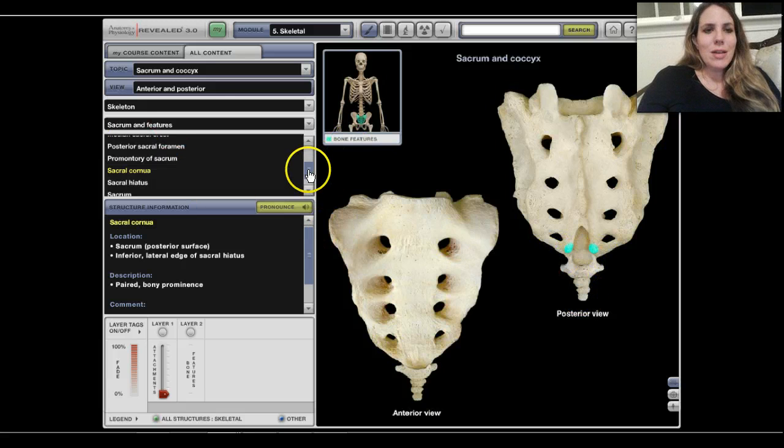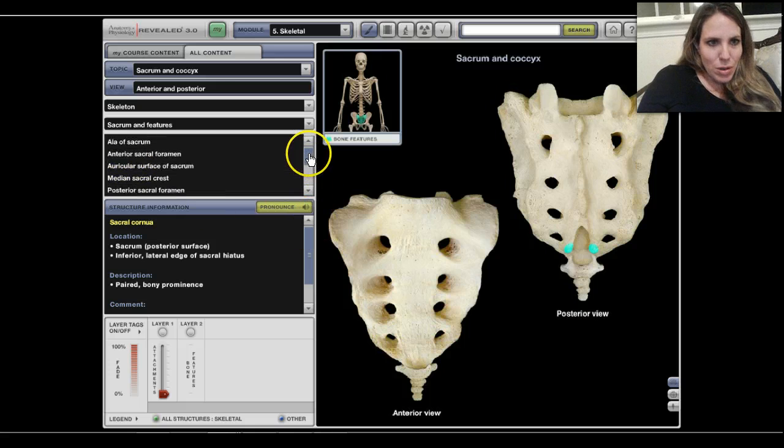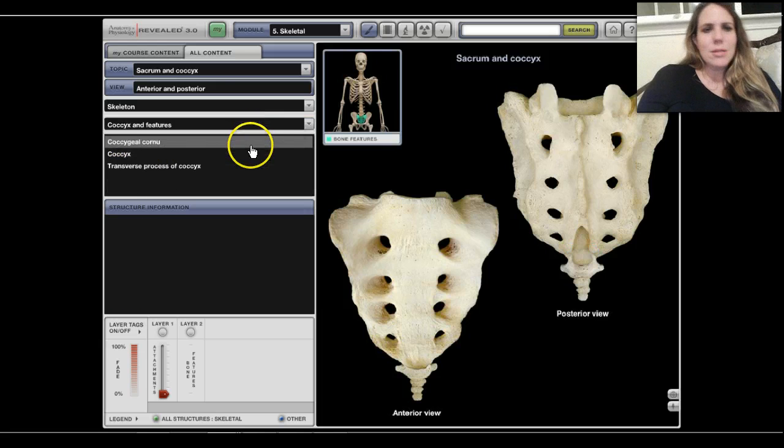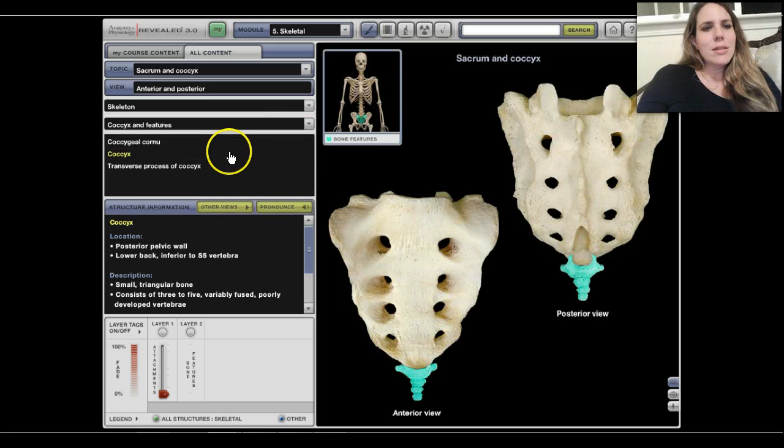So let's take a look at our little coccyx here. Do we even have you on here? Well, it's not going to highlight just the coccyx by itself, but all this is the coccyx. And it has little horns here. Unfortunately, it's not showing me those. Oh, here we go, coccyx. Okay, so here's your coccyx.